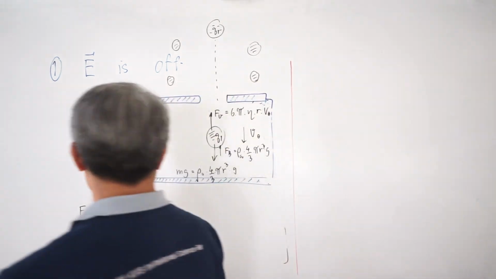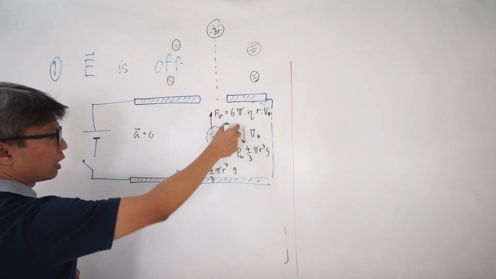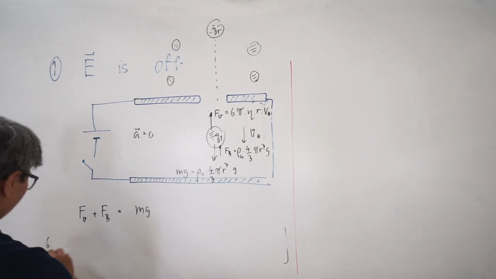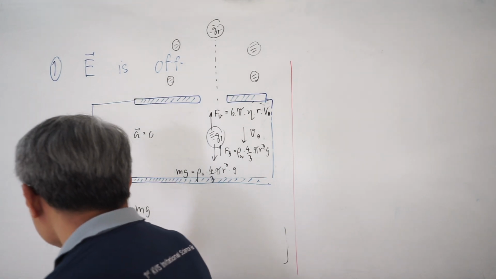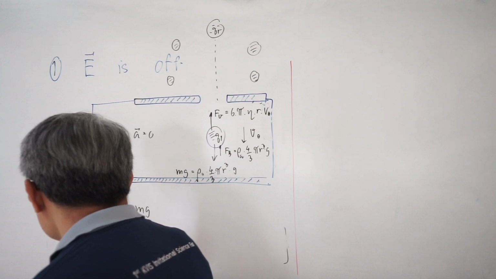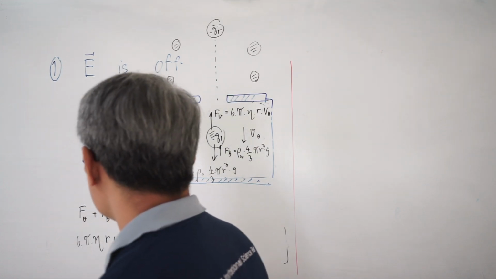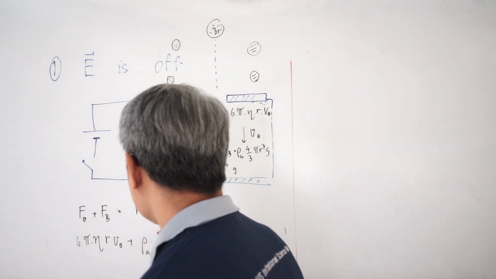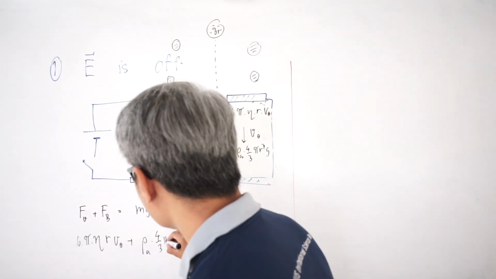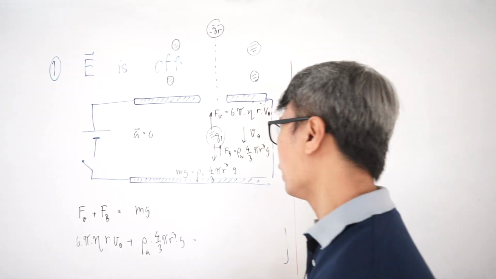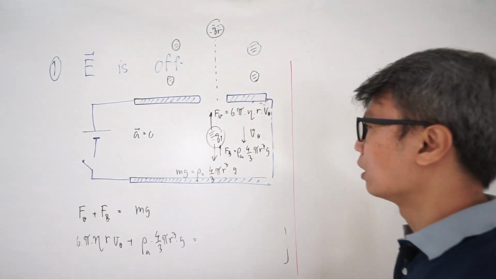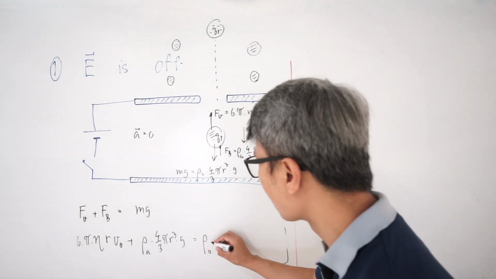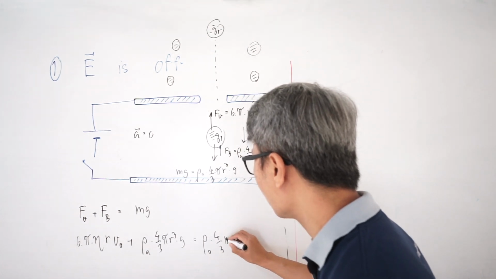And therefore, when you substitute the values of Fv, Fb and mg into this equation, you will get 6 pi eta r V0, plus rho of the fluid, in this case rho air, multiplied by the volume displaced in the fluid, equal to mg. In this case, m should be the mass of the oil drop, which is the density of the oil drop, I use rho o, multiplied by the volume of the oil.